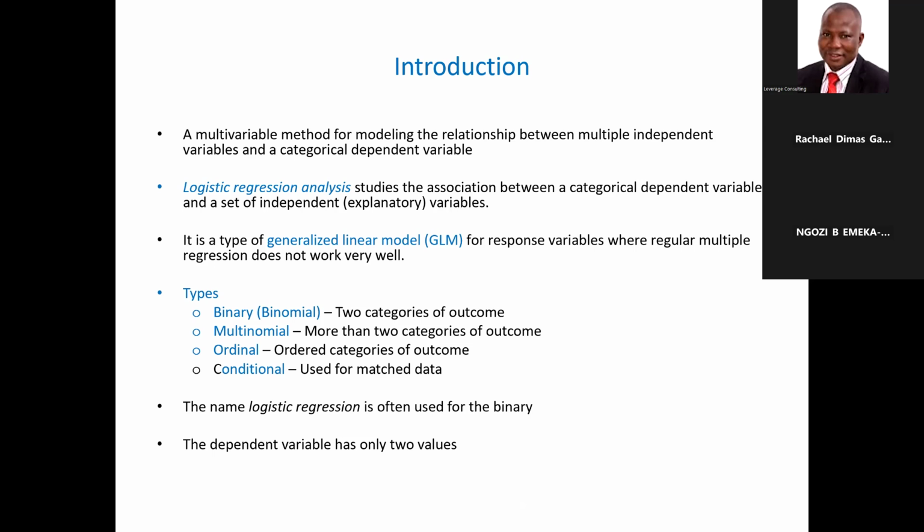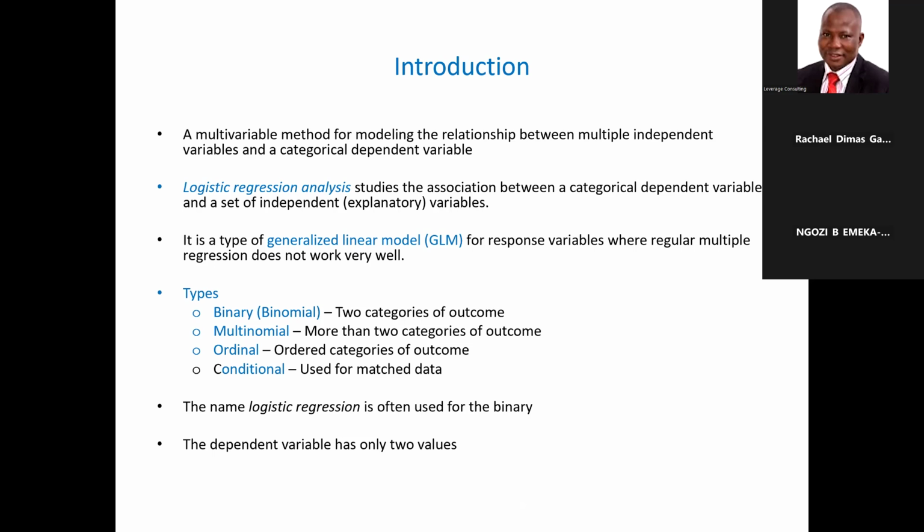So today we'll be talking about logistic regression. The multiple form of logistic regression is a multivariable method for modeling the relationship between multiple independent variables and a categorical dependent variable.